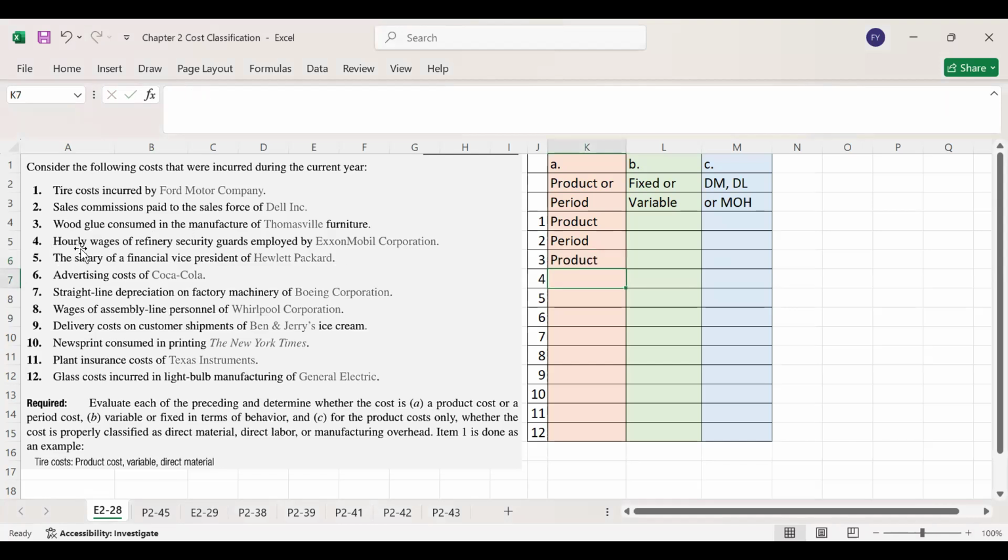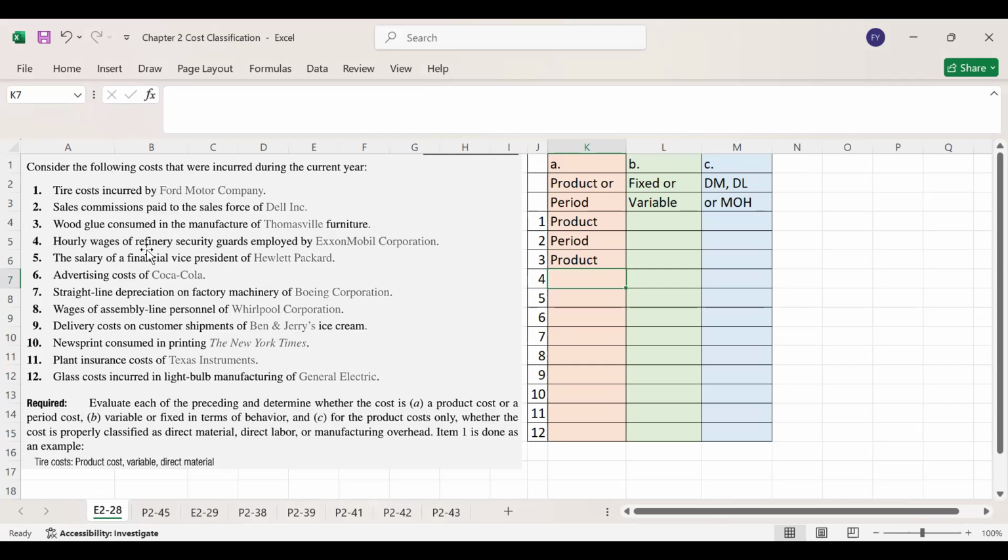The next one is hourly wages of a refinery security guard employed by ExxonMobil company. This is on an hourly basis, hourly wages. So this means that this is directly associated with the production. Number one.